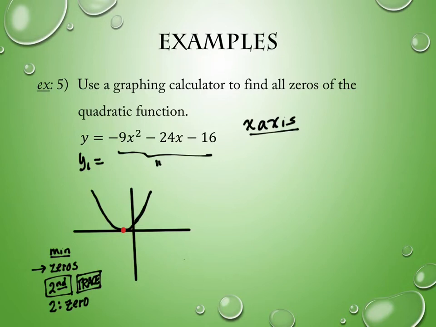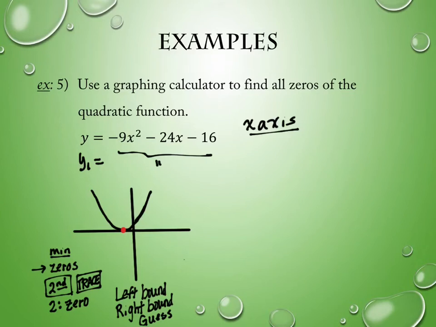And if you select the 0 feature, it asks you some questions. It asks you for the left bound, and if you enter a number, it's going to then ask you for the right bound. And after we enter that, we're going to be asked for a guess. Left bound means you need to be to the left-hand side.